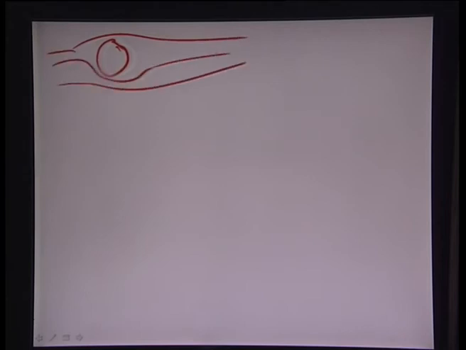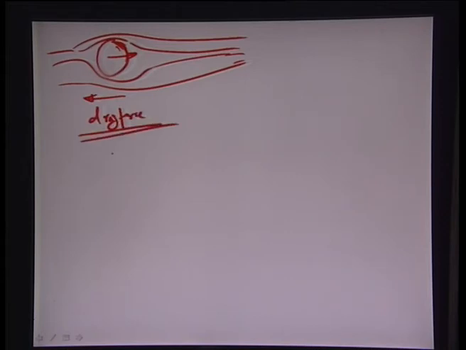So the first instance that comes to our mind is Stokes' law. So you have a particle which is moving inside a fluid, so there is always going to be a drag force. Let's assume the particle moves in the direction from left to right, so the drag force would essentially be in the opposite direction, and this drag force can also be found out from Stokes' law.